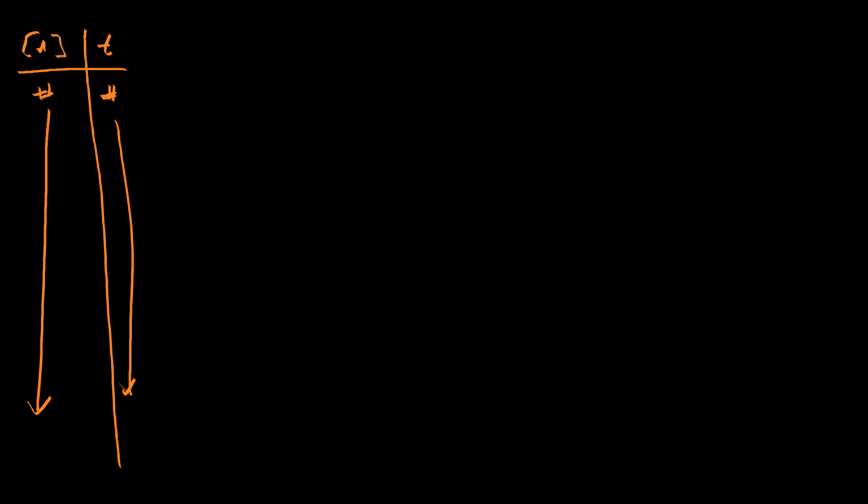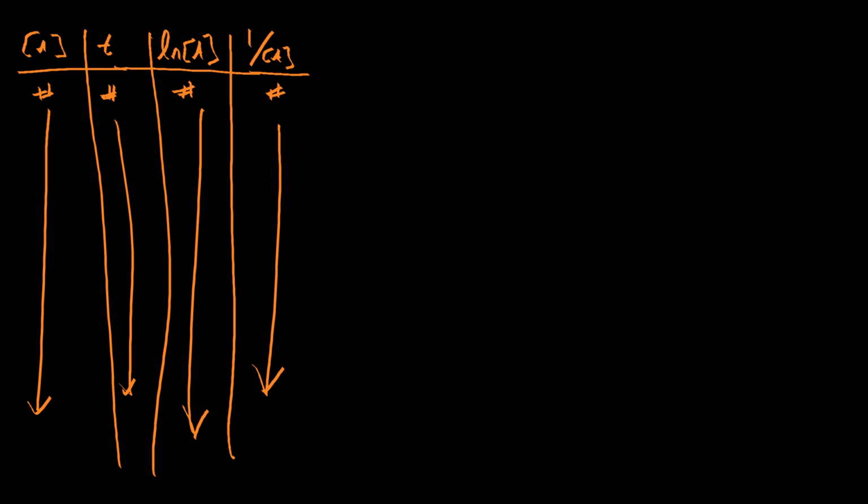So the way this one works, if you're doing any sort of experiment, is that you measure the concentration of your reactant over time. Okay, you're just measuring it at discrete intervals, and you get your computer to do a little bit of math for you. So you just make two more columns, one for the natural log of the concentration, and one for 1 over the concentration.